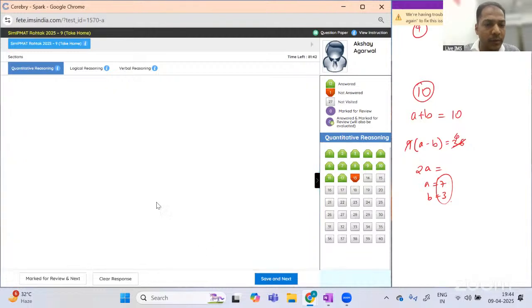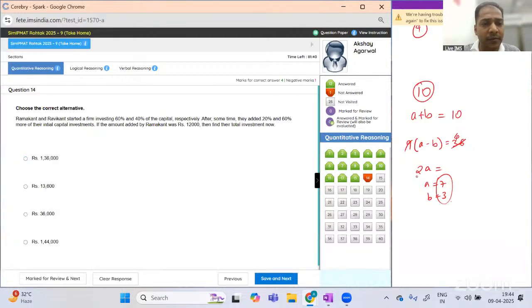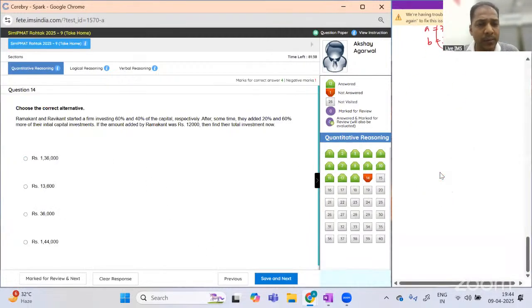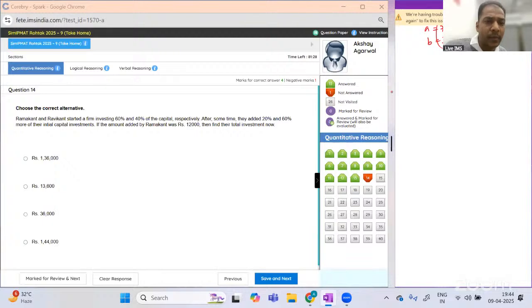All right, moving on. Ramakant and Ravikant started a firm investing 60% and 40% of capital respectively. After some time, they added 20% and 60% more of their initial capital investments. If the amount added by Ramakant was 12,000, find their total investment now.